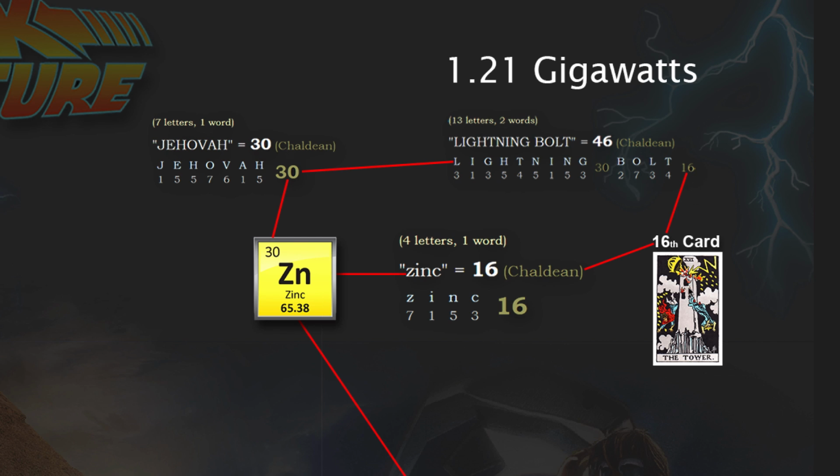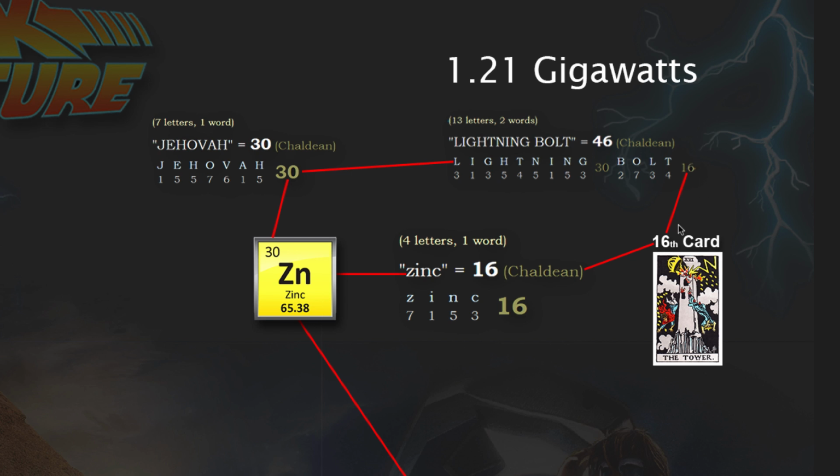And then we get into the ancient tarot system. What's the 16th card? The Tower card. If you follow any kind of Taoism, you'll know that the Hindu god Shiva, Lord Shiva, Shiva equals 16. Destruction, regeneration, lightning bolt coming down and destroying that tower.